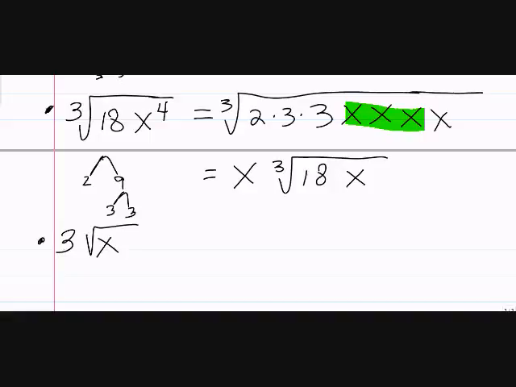Oops, I said 7. x to the third times 2 times the square root of 21 x to the third y.